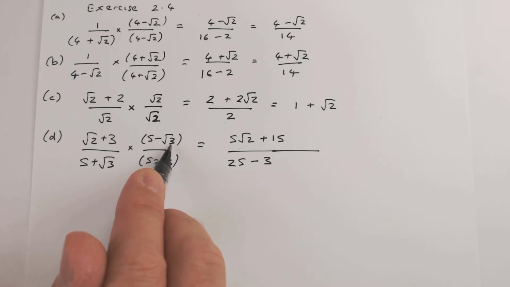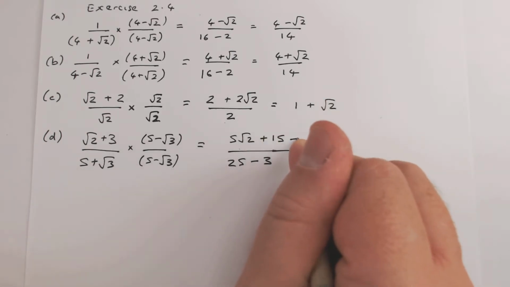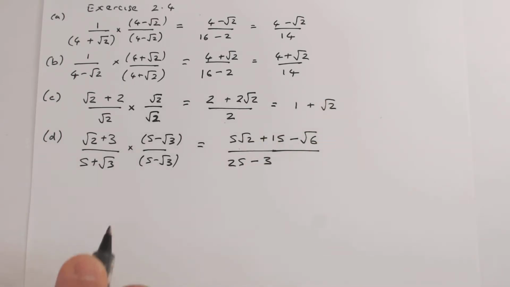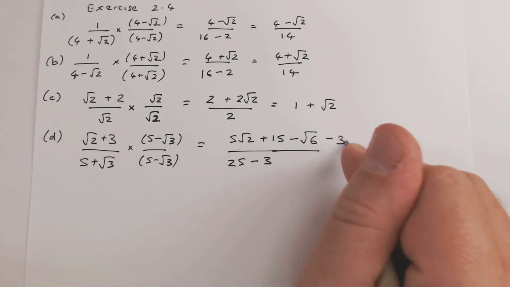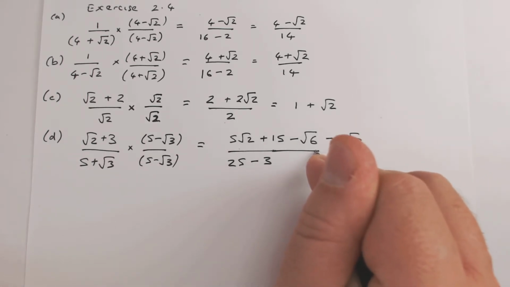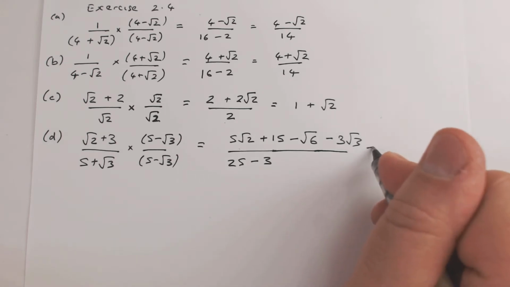Now let's multiply by my minus root 3. So minus root 3 times root 2 becomes minus root 6. And then we've got minus 3 root 3. Okay, so 25 take away 3 becomes 22, and we'll leave it like that.